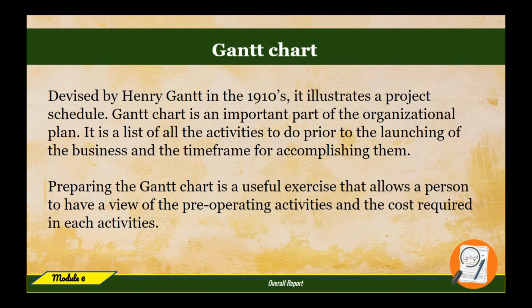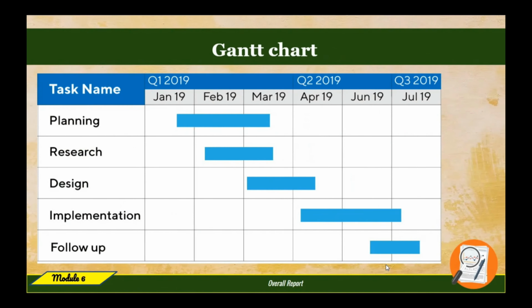The Gantt chart is an important part of our organizational plan. It is a list of all the activities to do prior to the launching of the business and the time frame for accomplishing them. Preparing the Gantt chart is a useful exercise that allows a person to have a view of the pre-operating activities and the cost required in each activity. Okay, so that's it.